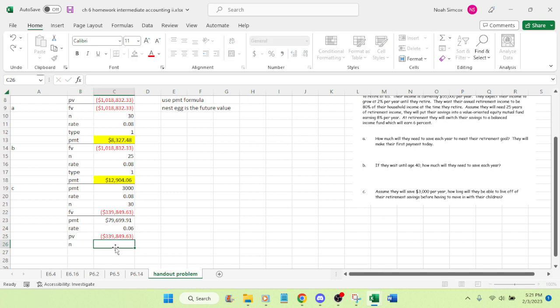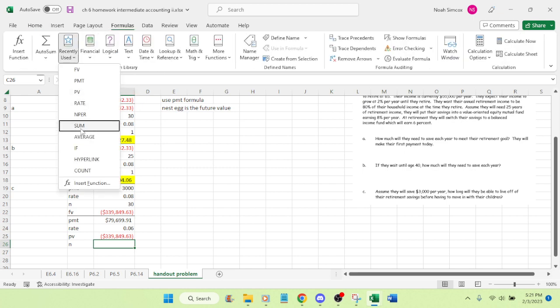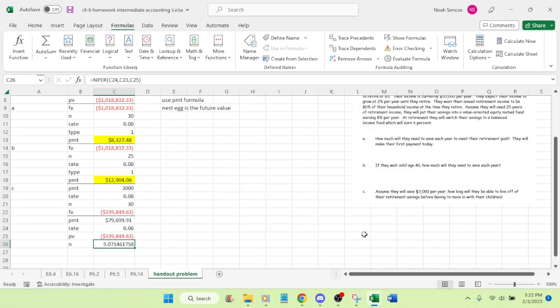And now we need number of years. Payment, rate, and PV. So we'll assume we know it's going to be less than 25 years.